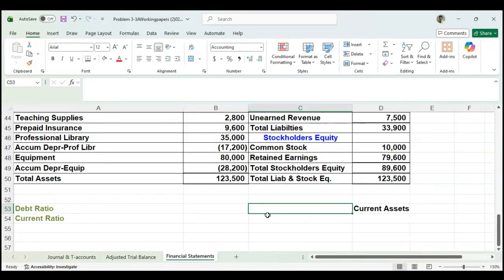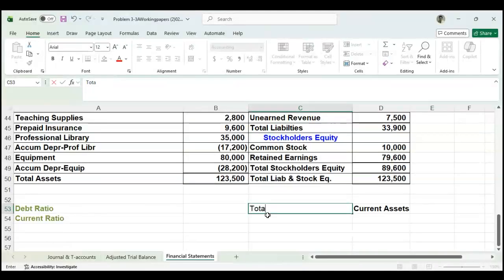So the debt ratio basically analyzes how much of our assets are financed in debt. Remember, we've talked about this, right? There's only two ways you can finance assets, right? Pay now or pay later. So you either finance them with cash or with debt, okay? So we want to look at what percentage of our assets are financed with debt?